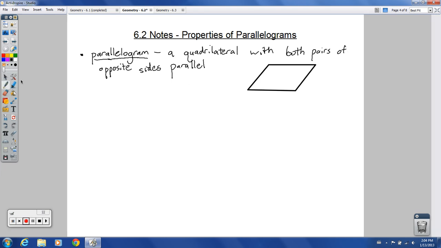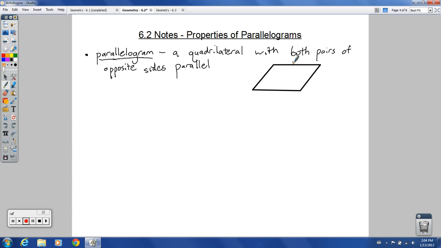And then just to represent that it is actually parallel, I could have one arrow here with one arrow here, 2 arrows here with 2 arrows here. That's meaning those opposite sides are parallel to each other. So we've seen before that this denotes that sides are parallel. A quadrilateral with 2 pairs of opposite sides parallel is a parallelogram.